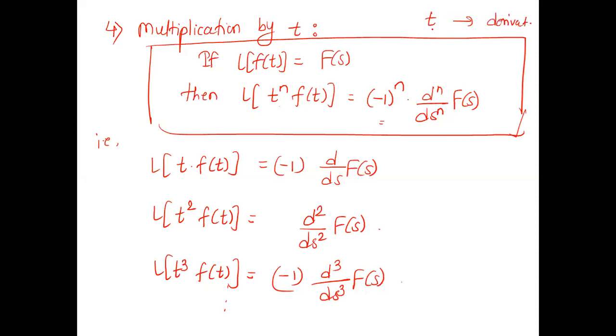The next property will be division by t, and there integration happens. Just remember that. When multiplied by t, there is a derivative, but you have to keep track of the minus 1 sign. Okay, can I go to the question now?